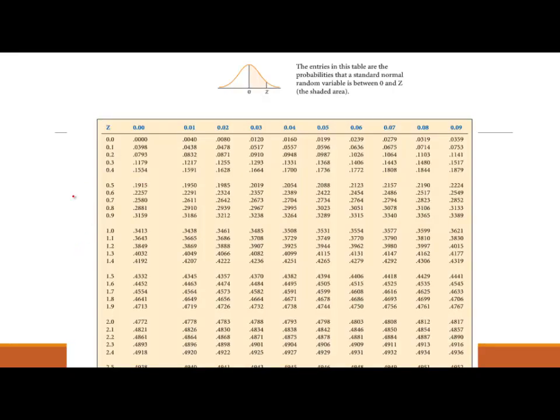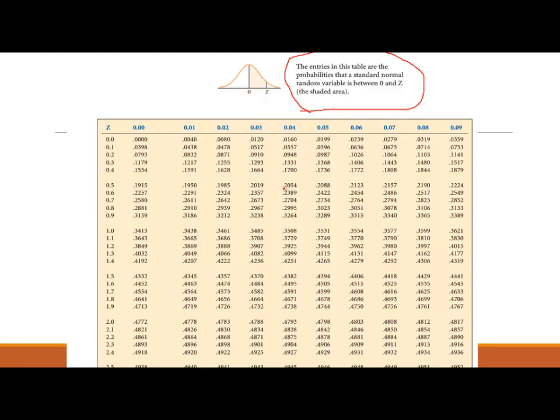This is the table in your book that shows you probabilities. So look up here where it says the entries in this table are the probabilities that a standard normal variable is between 0, which is the mean, okay, 0 is the center, and z, how many standard deviations out you are. All right, so a bunch of numbers in here. How are you going to read this table?